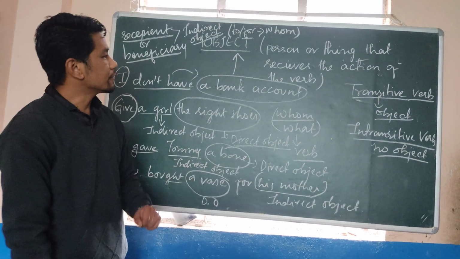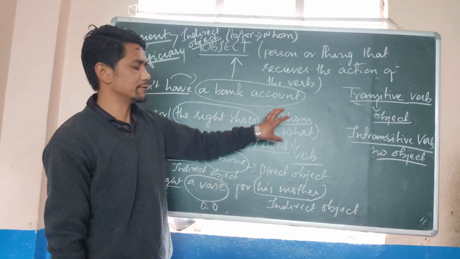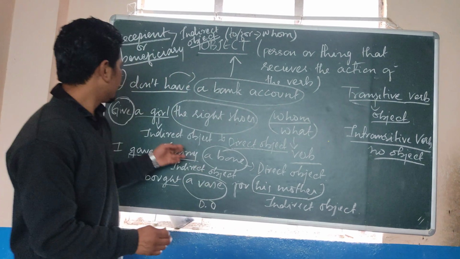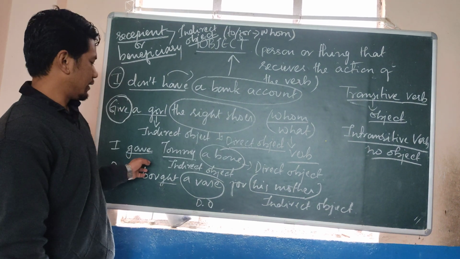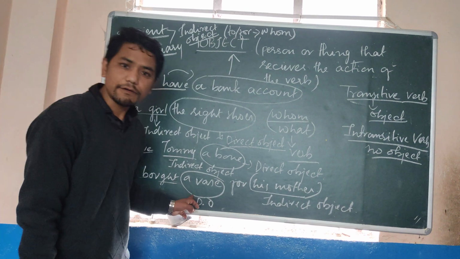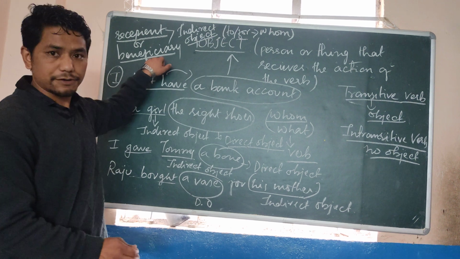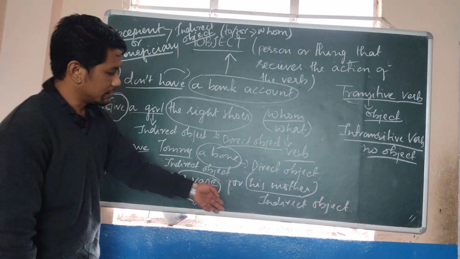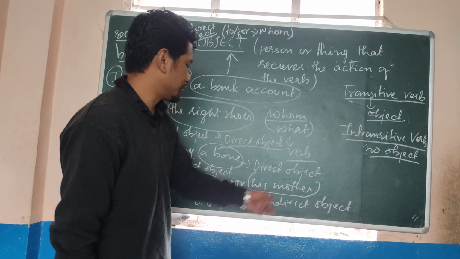So direct objects are the person or thing that receives the action of the verb. To find the direct object, you use whom or what with the verb. Like here, give what? The right shoes. Gave what? A bone. Bought what? A vase. And indirect objects are the recipient or the beneficiary of the action. Here the indirect object is mother, who is the beneficiary of the action.